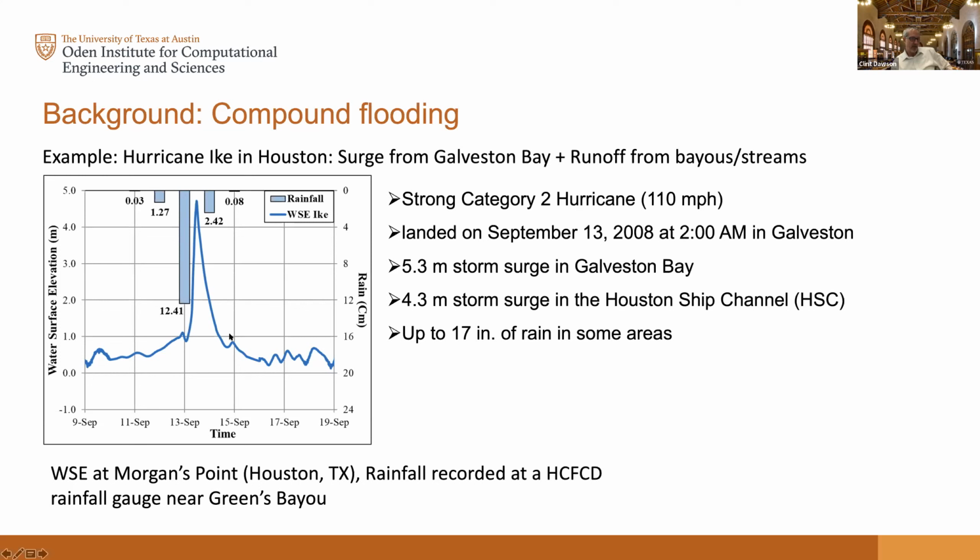This is a rainfall gauge that's nearby in Greens Bayou. And you can see that right before the storm surge was at its peak, there was a good 13, 14 inches of rain, and that continued for about another day before the rain dissipated. So we have these combined events.